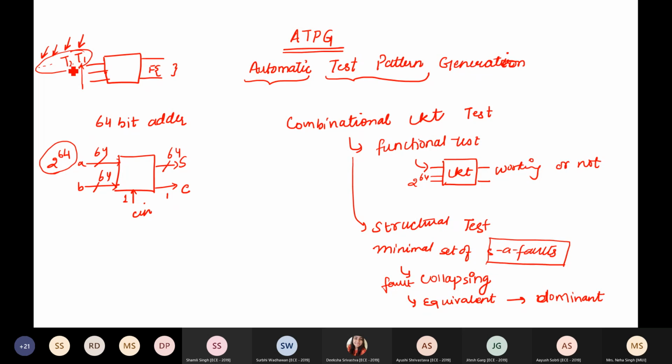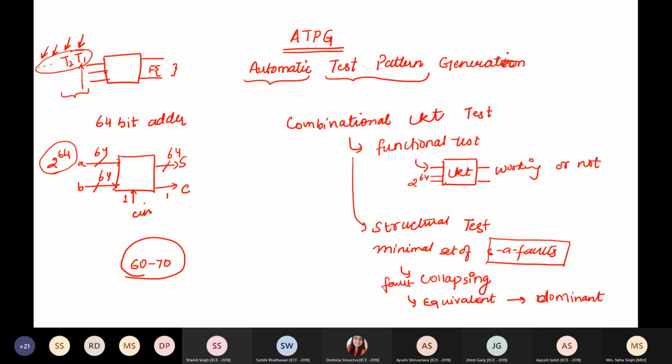Then I'll choose another test vector which will cover significantly other faults which T1 has not detected. Okay, mostly those faults. So if we proceed this way, then the minimal number of test vectors, if applied, will have the maximum coverage. However, the coverage is around 60 to 70% and that is considered sufficient, right?